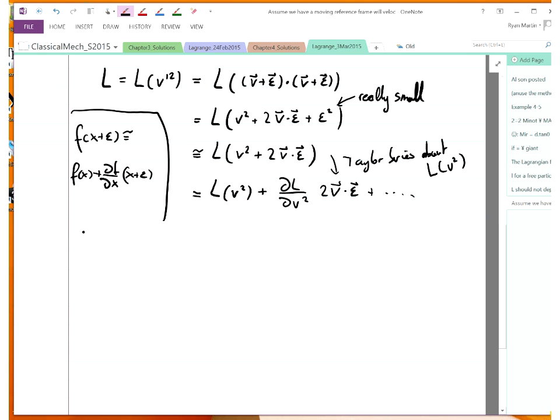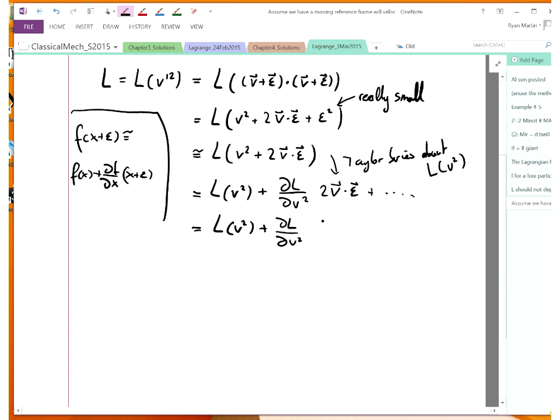Now let's put this back into the Euler-Lagrange equation. Remember, we're assuming Hamilton's principle is correct. We just don't know what the function L should look like. Now let me write this one more time. That's your description of the Lagrangian, L of V prime squared.